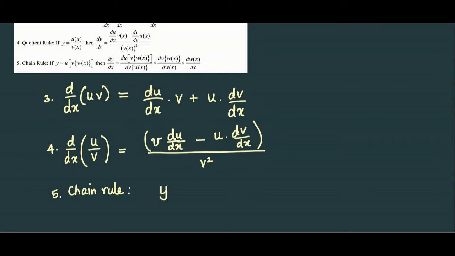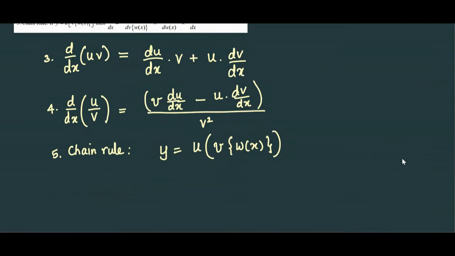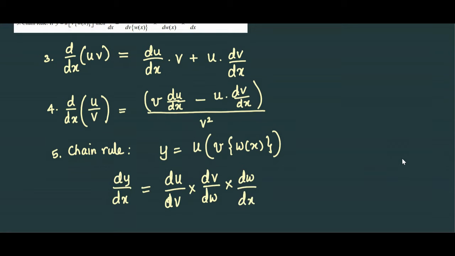In the chain rule, if y is a composite function of u and v and w, then the derivative of y with respect to x will be the derivative of u with respect to the inner function v, then the derivative of v with respect to the inner function w, and the derivative of w with respect to x.